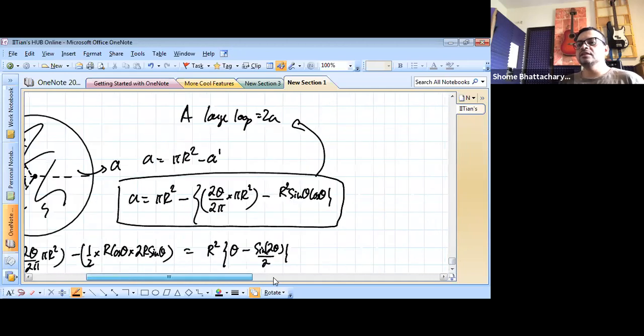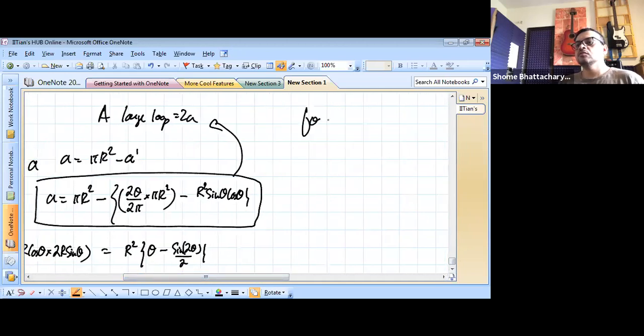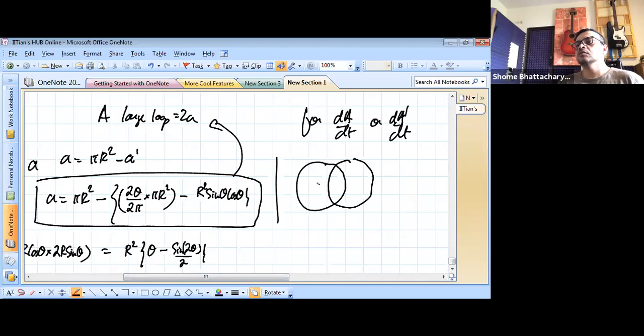And then when you are calculating dA by dt or dA prime by dt, use the relation between x and theta. So again, you will see that this was x and this angle was theta. So x is equal to 2r cos theta, so dx by dt becomes minus 2r sin theta d theta by dt.